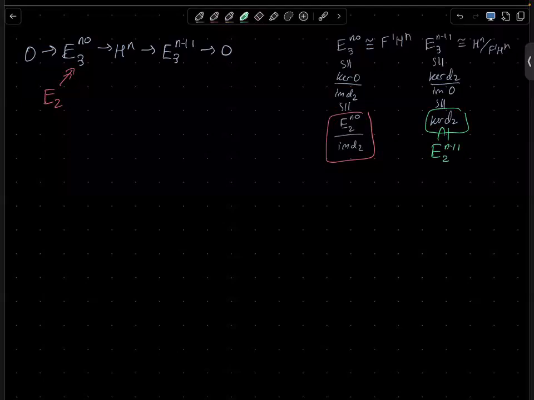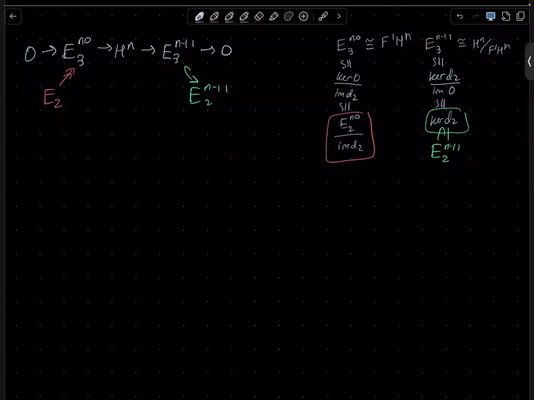So if E3 N minus 1, 1 is isomorphic to this kernel and is contained in this E2 term, I can make this injection into E2 N minus 1, 1. I can do that, right? Then I'm going to write down a sequence, and I will just simply assert that it's exact. And it's actually not even that hard to show that it's exact.